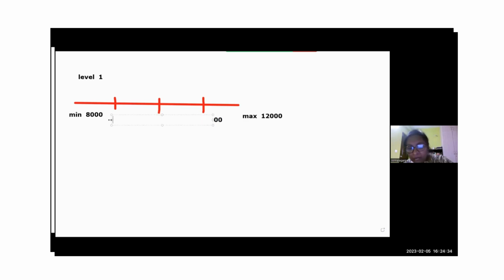So my min is 8,000, my max is 12,000, and my midpoint is how much? 10,000. Okay. And this is true for any salary range or salary level.